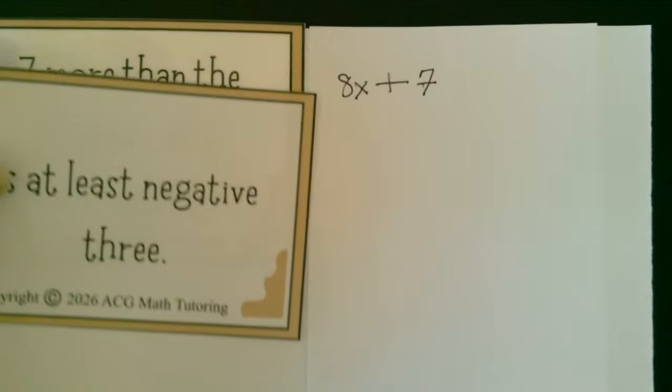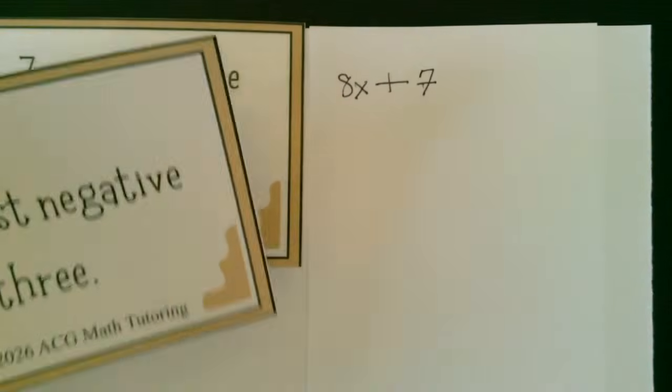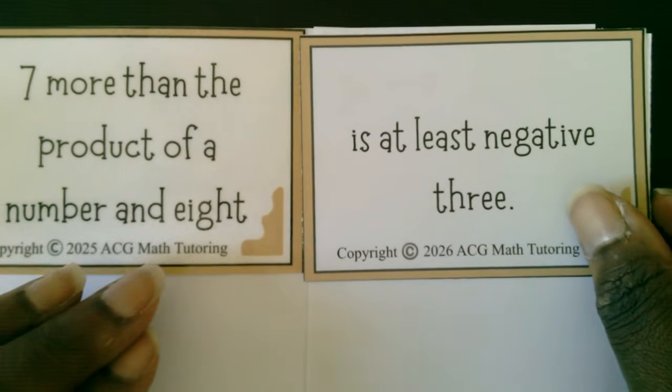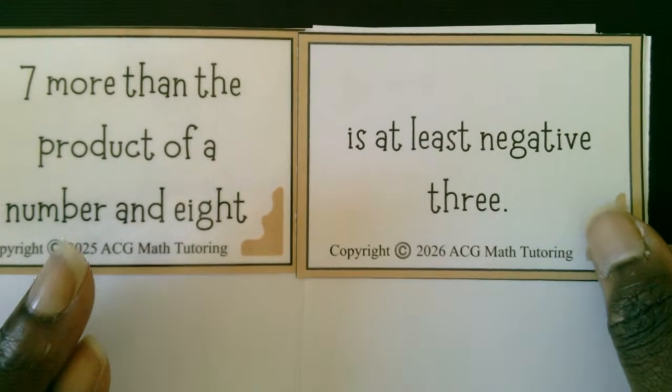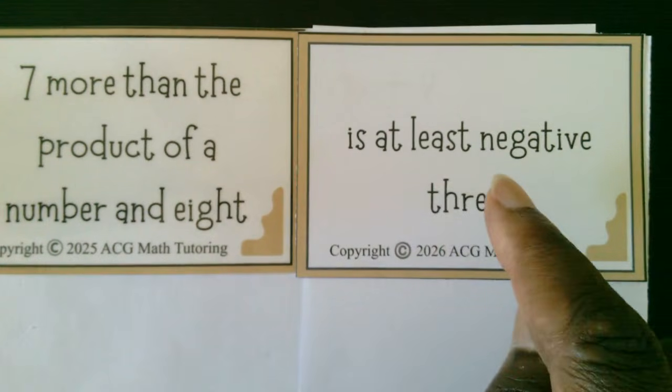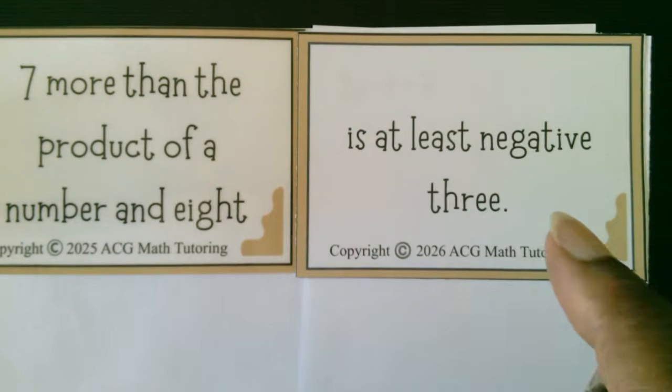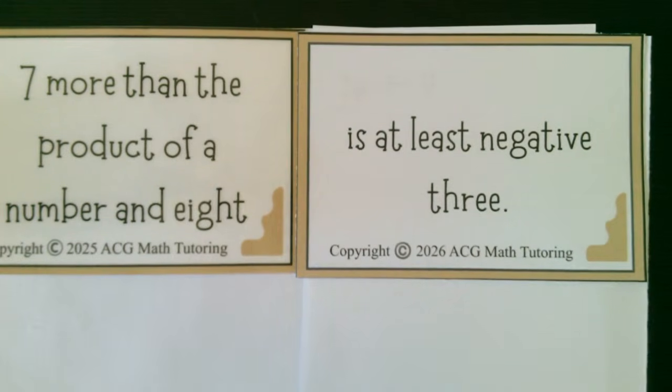All right, so we're going to extend on this. So we have 7 more than the product of a number and 8, so we did that. Is at least -3. How would I say is at least -3?